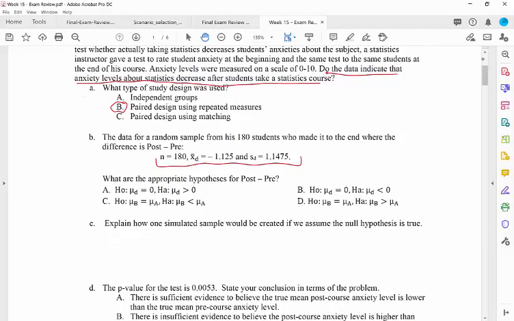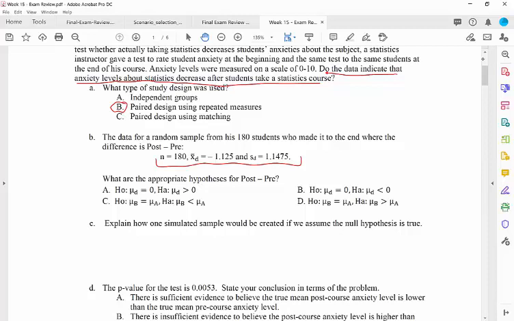All right, so because this is paired data, we're using mu sub d in our parameter notation. So looking at that, which of these hypotheses statements looks like the correct hypotheses?